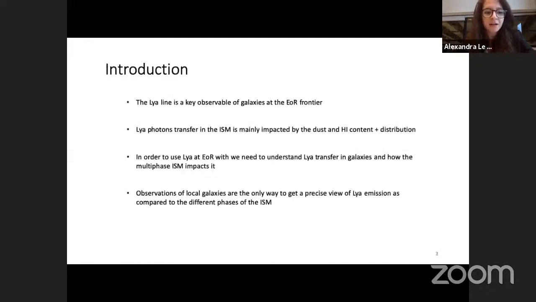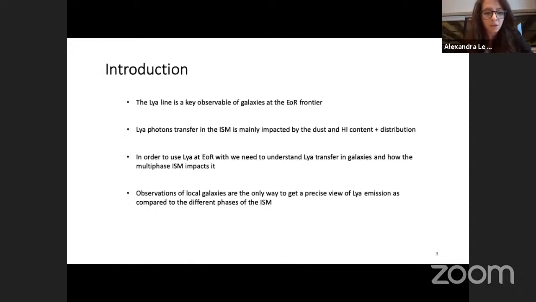So Lyman alpha is a key probe of galaxies at high redshift. I'm not sure everyone is familiar with it, so I'll just give a bit more of the basics. It's the transition between the first excited state of the hydrogen atom and the ground state. It's a resonant line, which means that it's captured by the hydrogen, and it's also absorbed by dust.